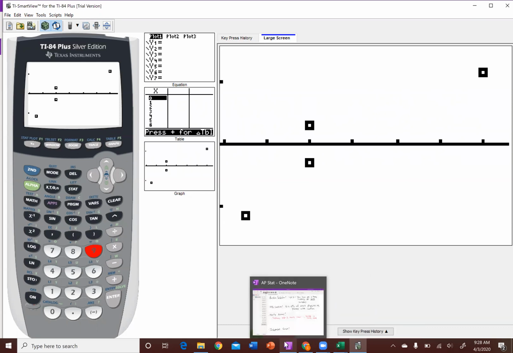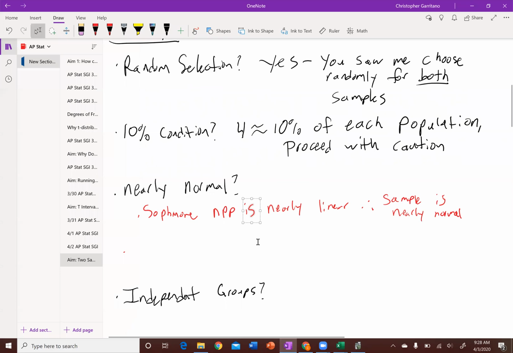So here we go for the seniors. I don't want to say nearly linear because it's definitely not as close as the sophomore normal probability plot. I'm just going to say roughly linear.